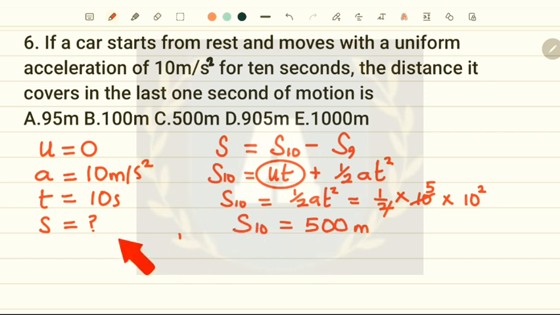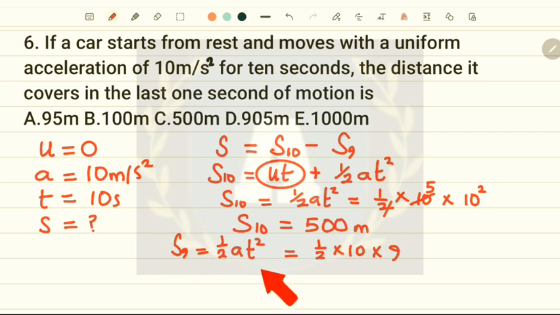For the distance at 9 seconds, we know the initial velocity is 0 multiplied by 9, that's 0. So the equation reduces to 1 all over 2 at squared. Here the time is going to be 9. So we have 1 all over 2 multiplied by acceleration, which still remains 10, multiplied by time, now 9, squared.